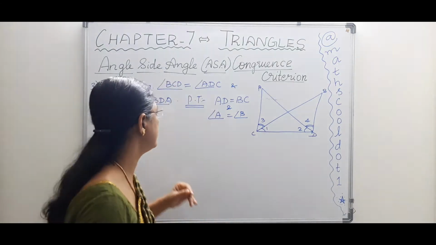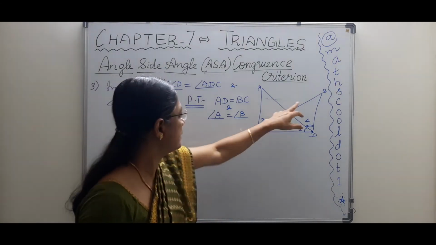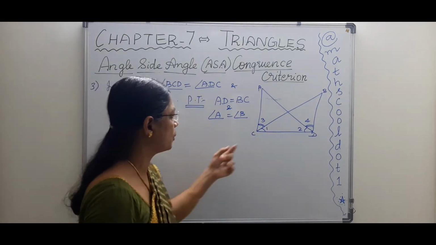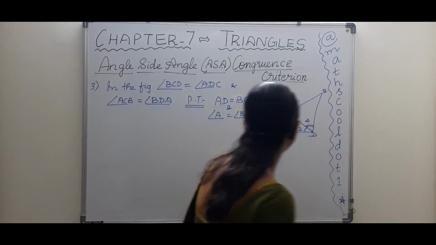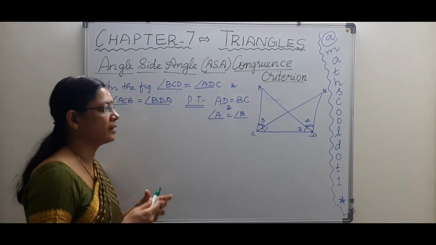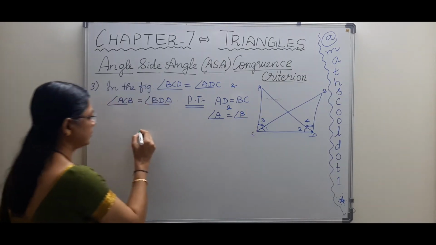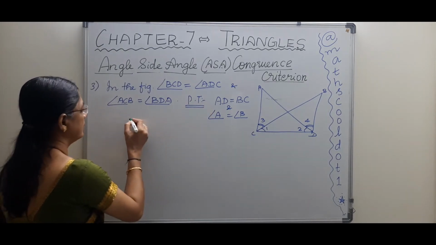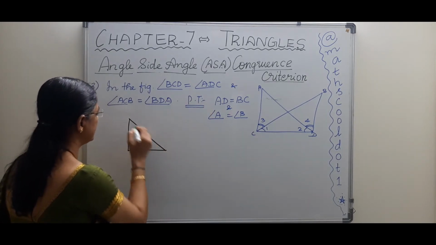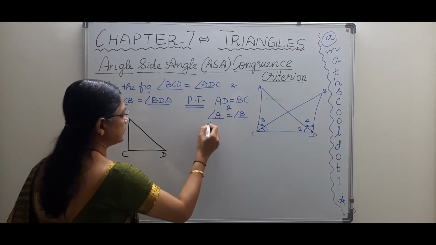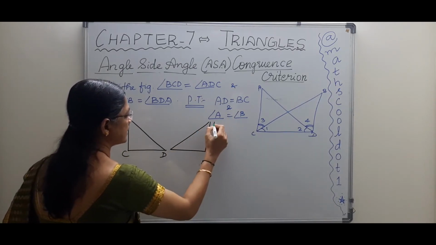Now we'll move on to the question. Angle BCD is equal to angle ADC. Okay, so that we have got. I'll try to reproduce the same diagram with the triangles drawn individually. See, we have ACD here and the same triangle that side BCD.